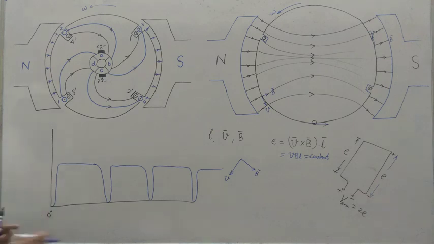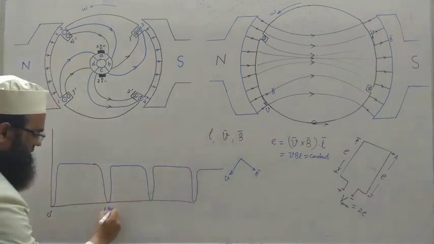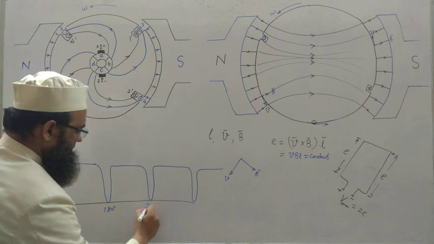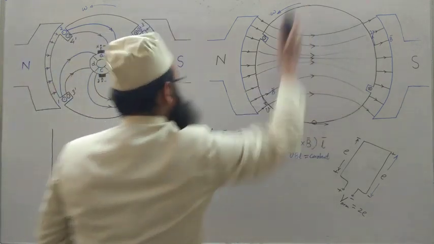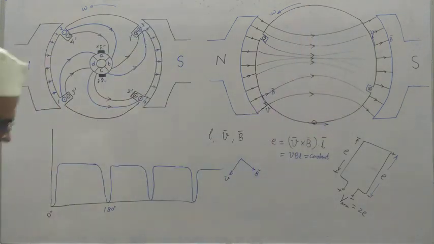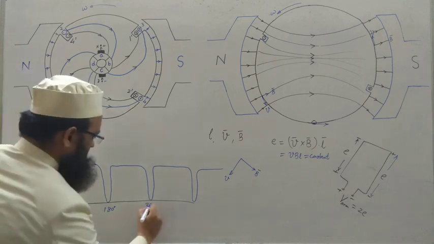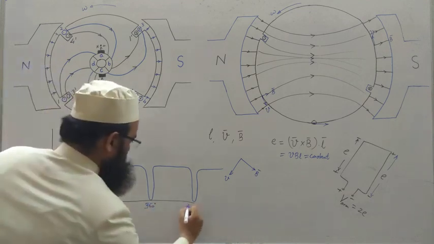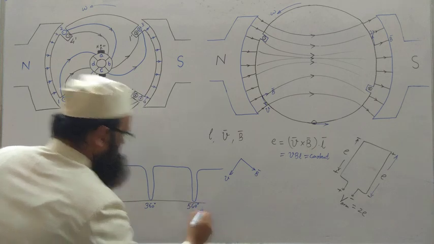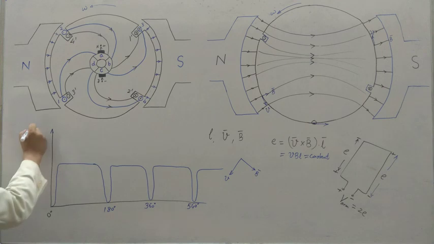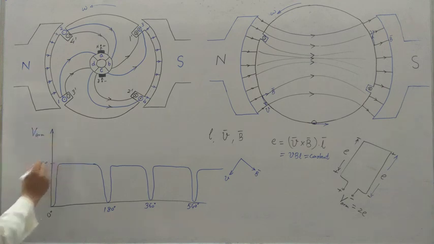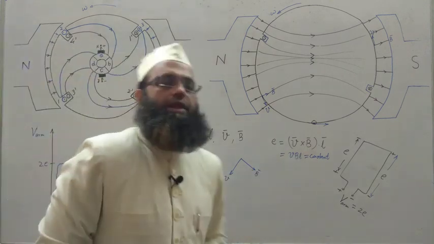So this is 0 degree, this is corresponding to 180 degree, this is 360, right? One complete rotation. So again, and so on. Here, mark the V armature. Let us represent V armature, and this value is twice of E, where E is VBL.